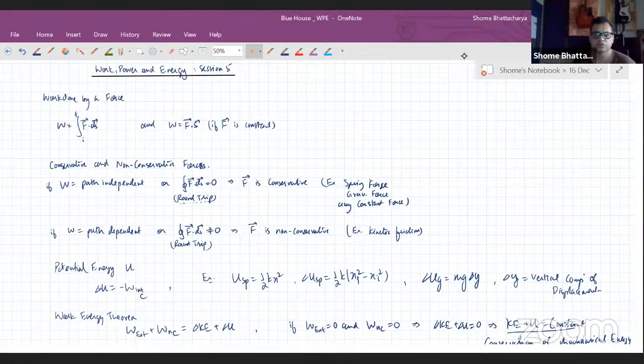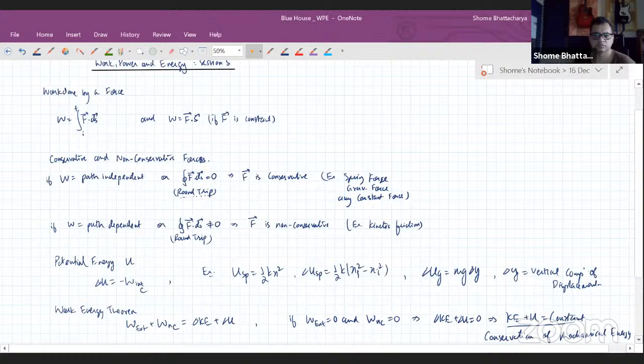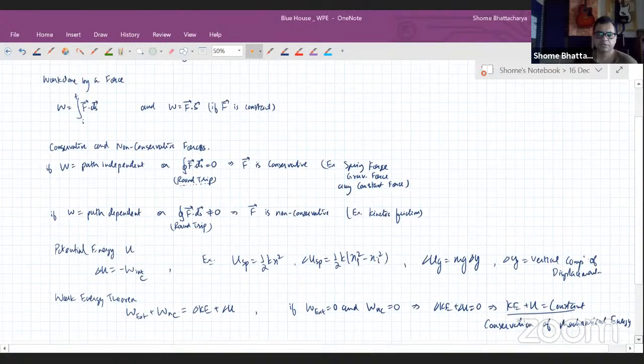Non-conservative forces include the work done by friction, kinetic friction. Okay, so this is a quick recap of the concepts that we have learned till now.